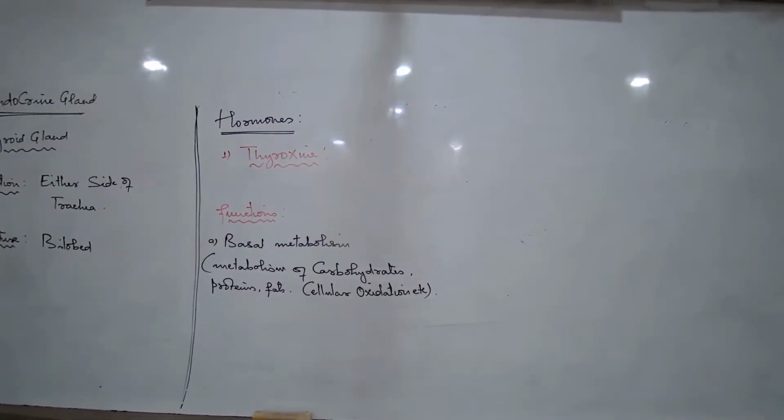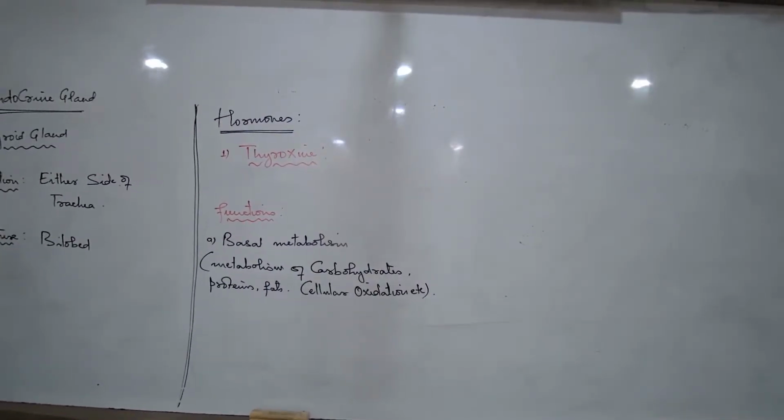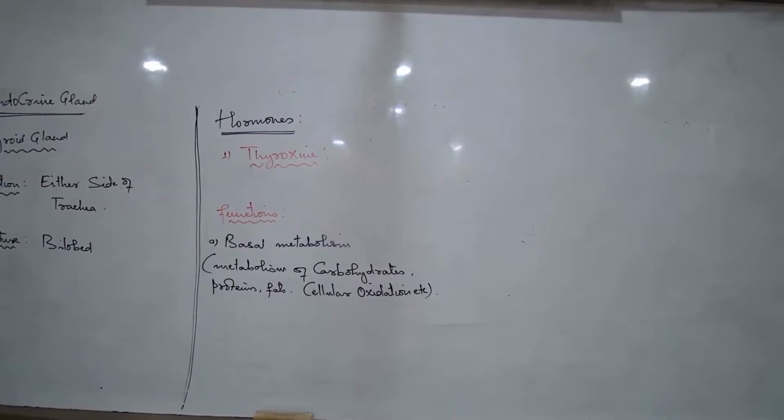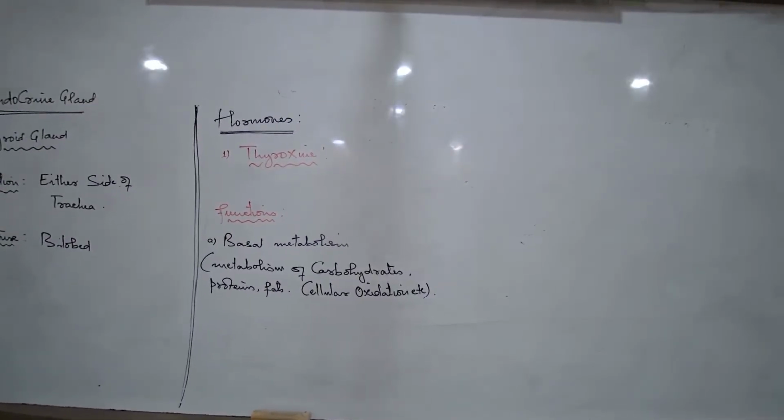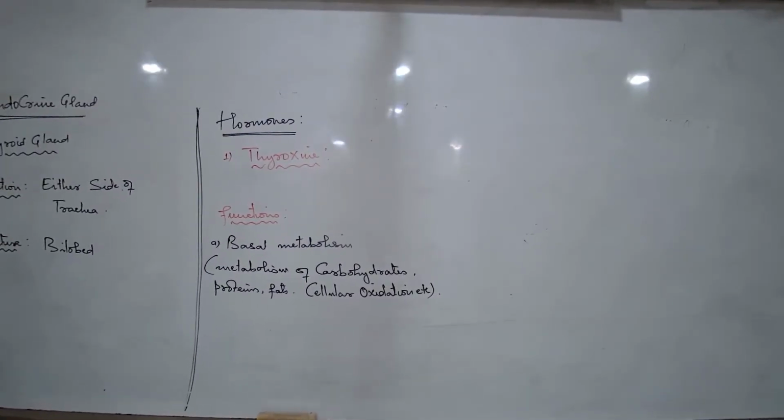The hemoglobin is the carrier for oxygen and carries carbon dioxide out from the blood.